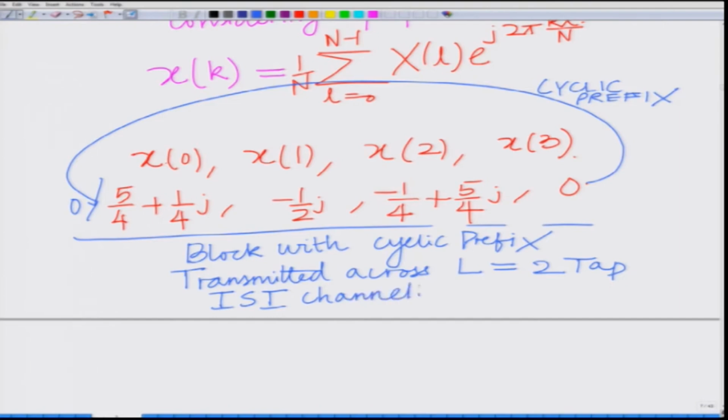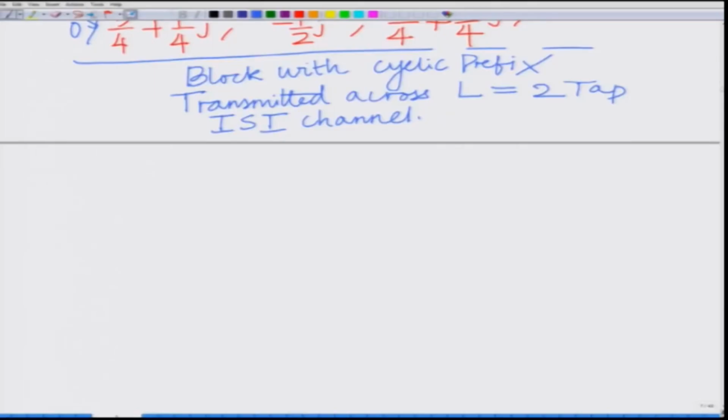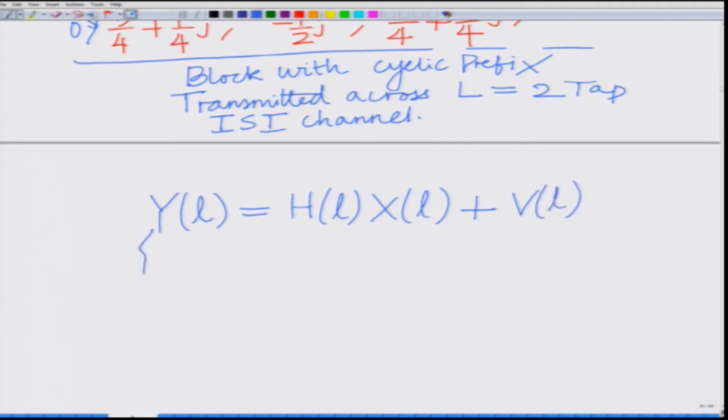And after the FFT at the receiver, remember at the receiver we perform the FFT. After the FFT at the receiver, the received symbol across the lth subcarrier is given as Y_l equals H_l times X_l plus V_l.